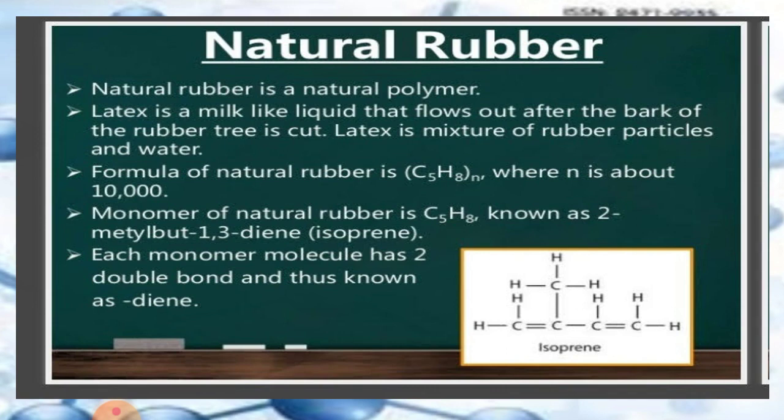How many parent carbons are there? 4. At the second carbon a methyl group is there, so 2-methyl, butane with four parent carbons, and double bonds at the first and third carbon, so 2-methylbuta-1,3-diene. Each monomer has two double bonds and thus is known as a diene, as in the structure of the monomer you see two double bonds are present.